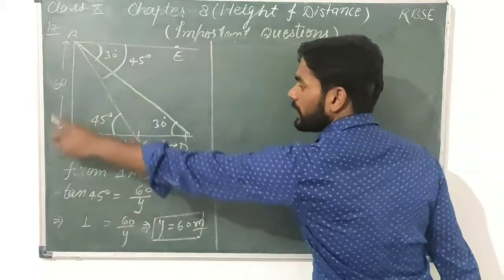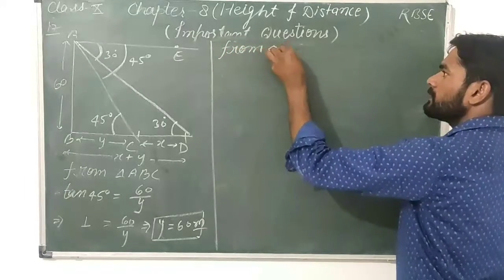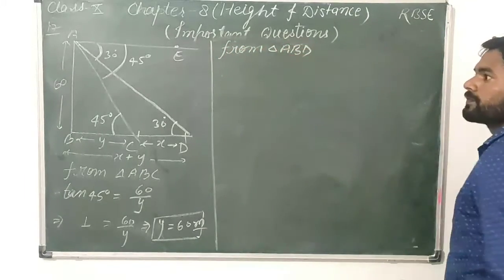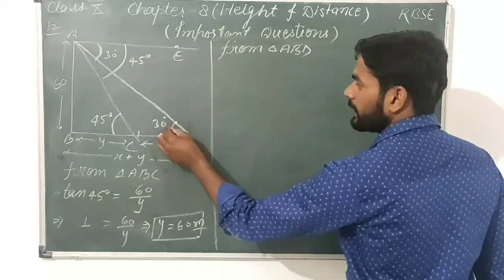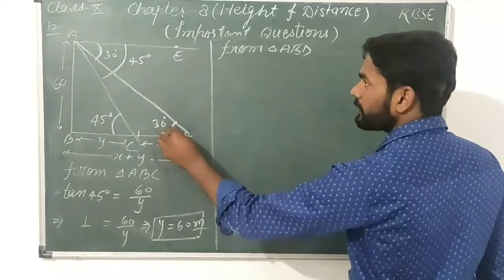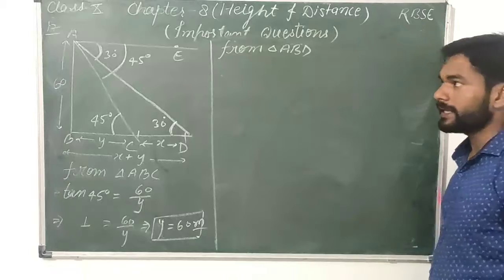Now again from triangle ABD, tan 30 degree, again the angle is 30 degree, and the ratio of perpendicular and base is shown by tan theta.